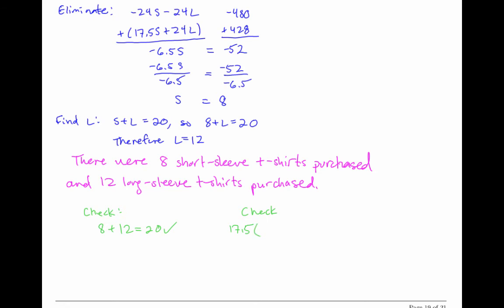So we're checking 17.5 times 8 plus 24 times 12, and we're going to check if that equals 428. Finishing that calculation, we see that we're checking if 140 plus 288 equals 428, and indeed it does.